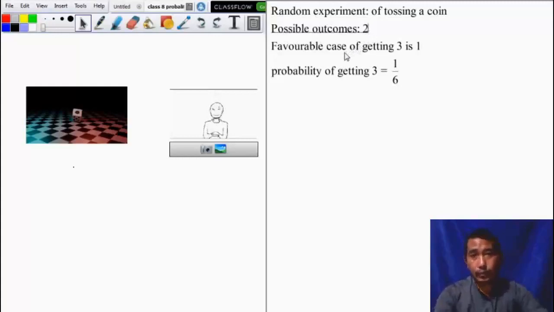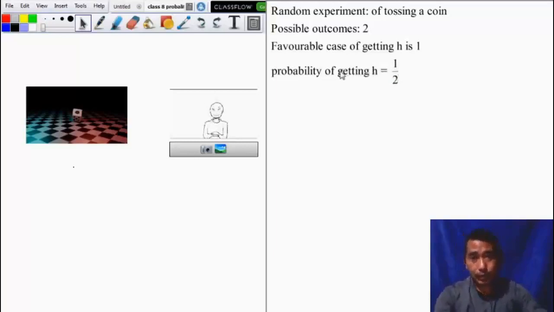And among these 2 possible outcomes, if we wish to get a head, let's represent head by h, then the favorable case of getting a head is 1, and the probability of getting head, that is h, will be 1 by 2. There is a half chance.